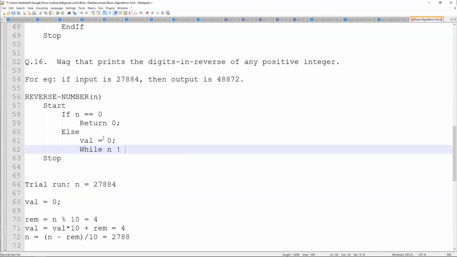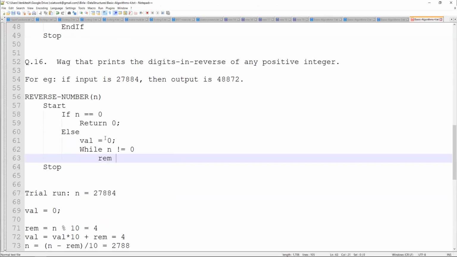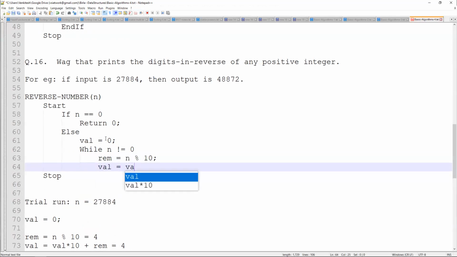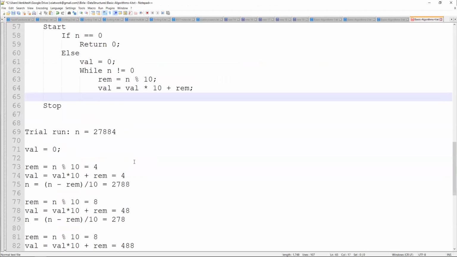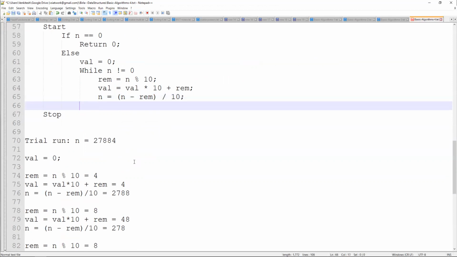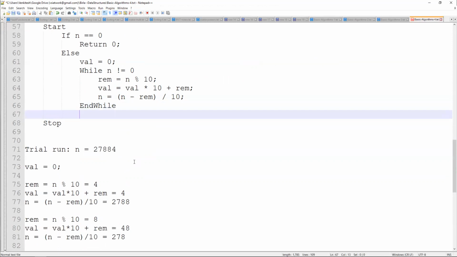While n not equal to 0, just continue, right? rem is equal to n mod 10, val is equal to val into 10 plus rem, and then reduce the value of n. n is equal to (n minus rem) by 10, right? This is all you have to do, and end while. Okay, so this completes the algorithm in the case when n is positive.